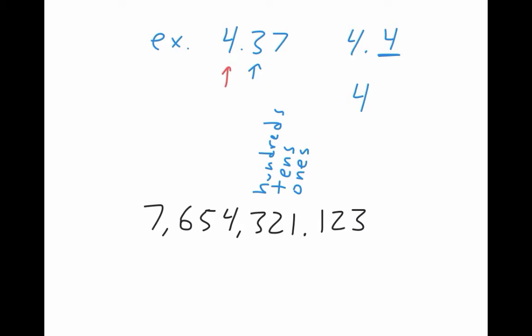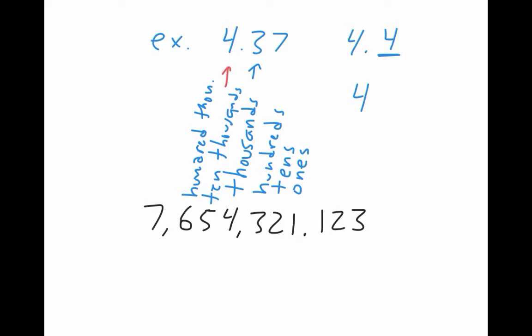That's going to come in a bit. 4 is going to be thousands. 5 is 10,000s. I'm running out of space. 6 is 100,000s. And then 7 would be millions.